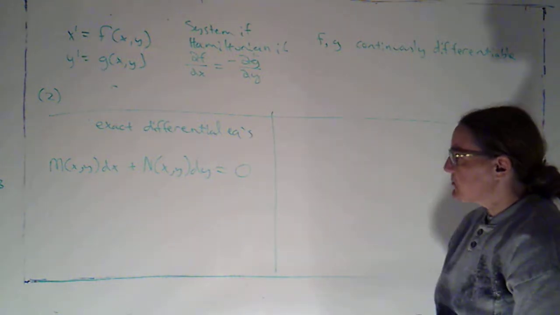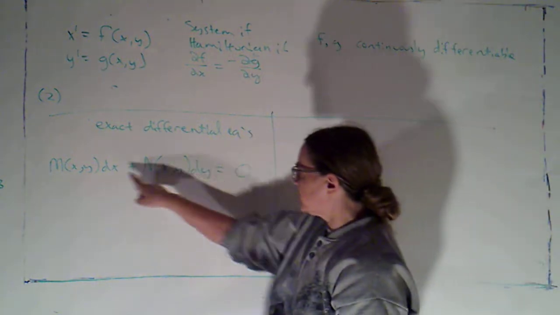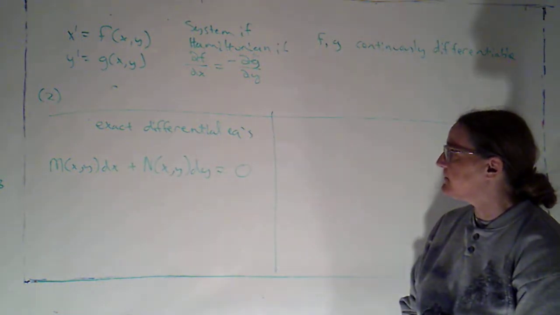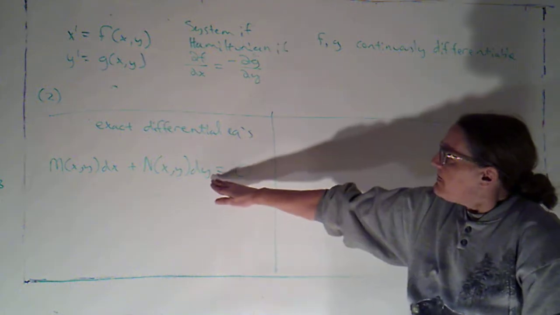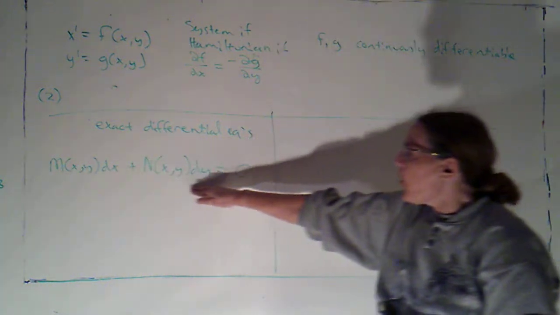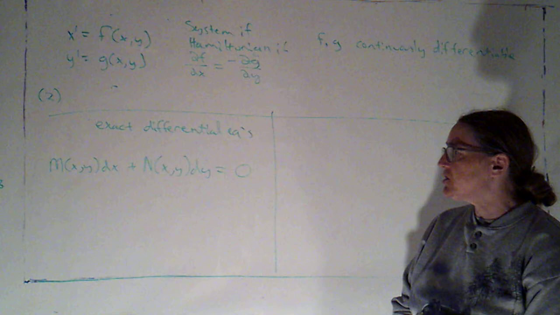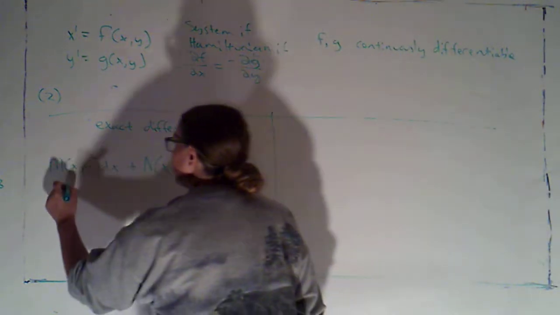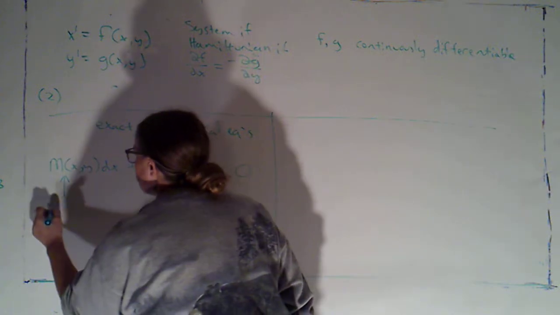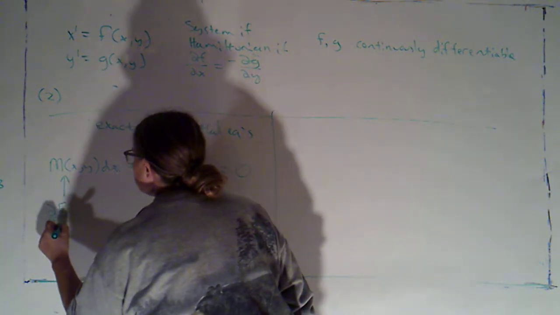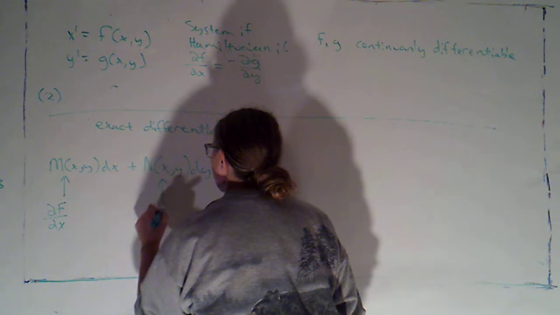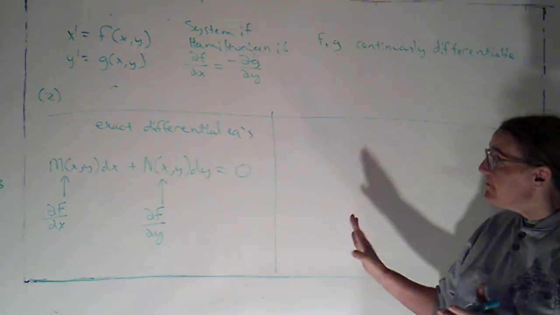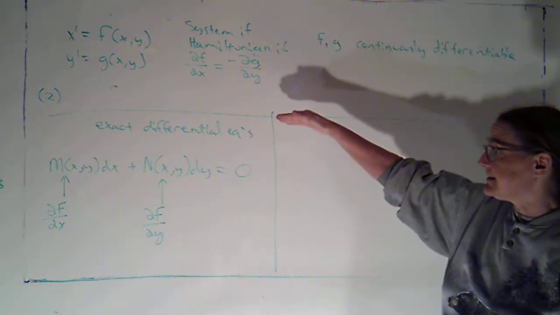So this was a differential equation that involved just differentials rather than full-on functions that were the derivatives. We said this would represent the total differential of some potential function, which we generally called f, if this was the partial of f with respect to x, and this was the partial of f with respect to y. If that's the case, then this is exact.